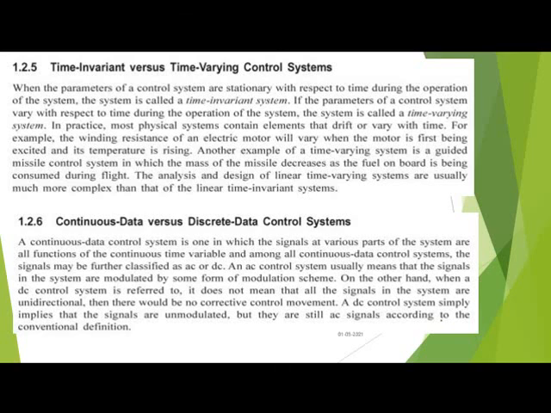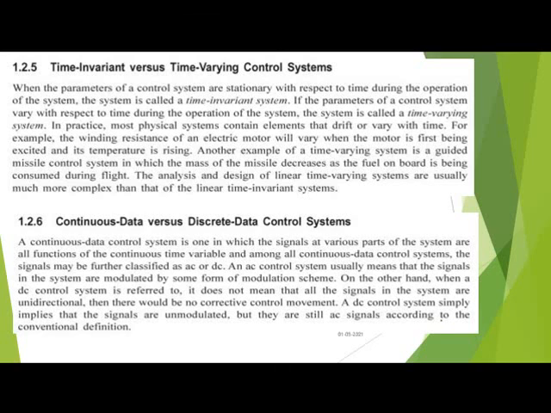Next we will come back to continuous data and discrete data control systems. A continuous data control system is one in which the signals at various parts of the system are all functions of continuous time. Among all continuous data control systems, the signals may be further classified as AC or DC.